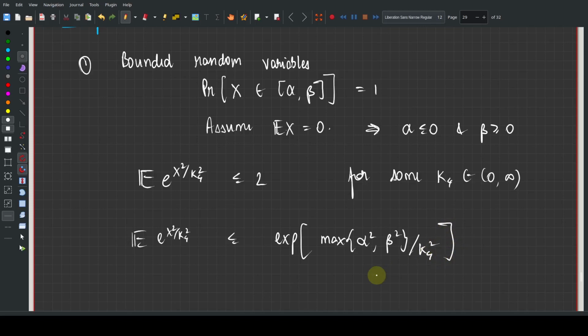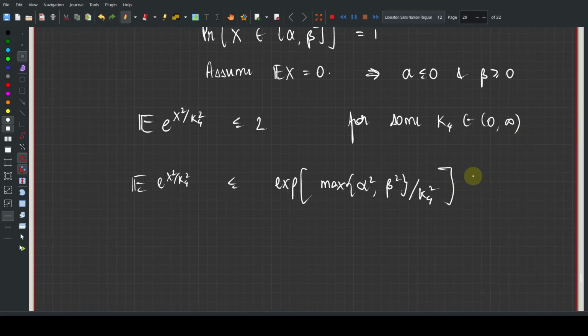And I can choose a k4 such that this is less than or equal to 2. What would k4 be?